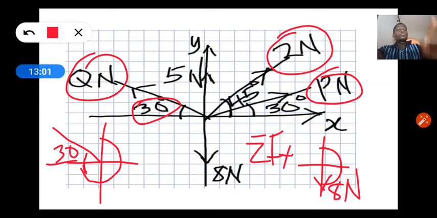Then I will also resolve the same forces I've circled to my y-axis. I already have 2 forces, this and 8 newtons. They're already on the vertical axis. Now I'm going to resolve the other 3 forces, Q, 2 and P. I'll resolve them to the what?